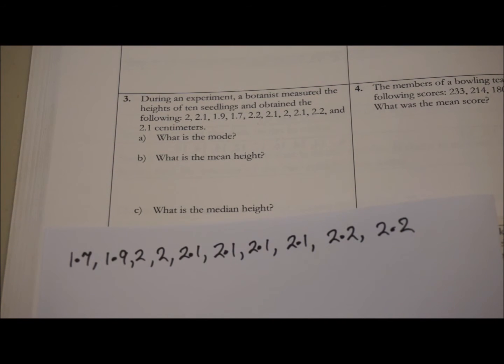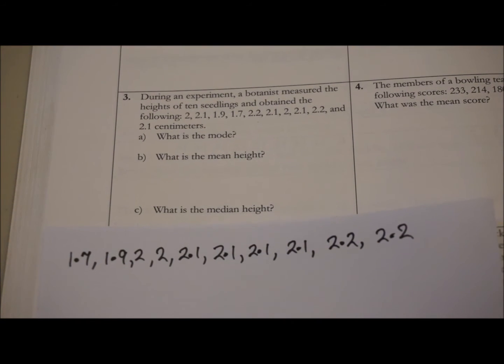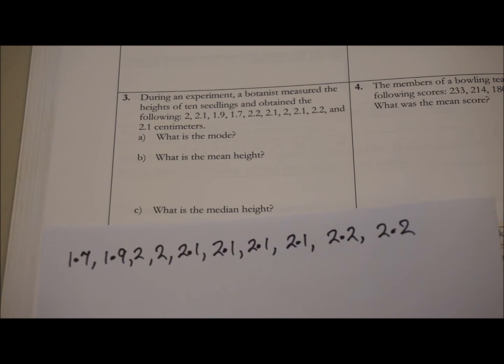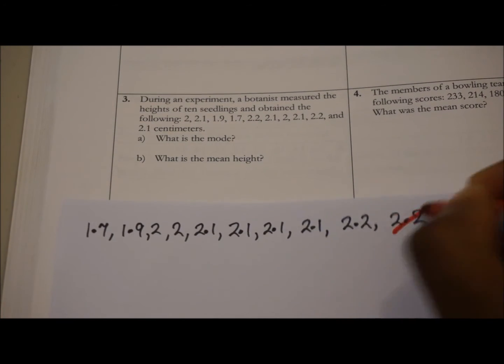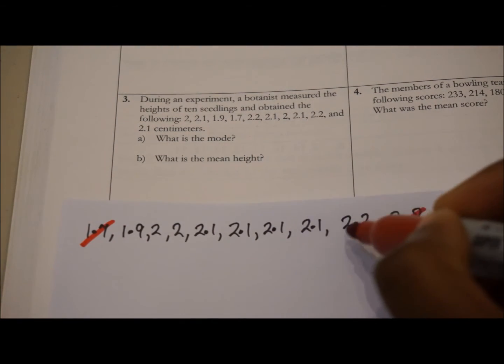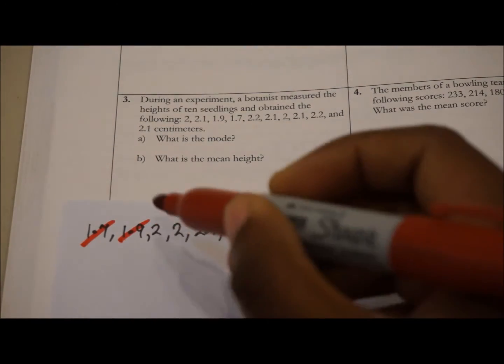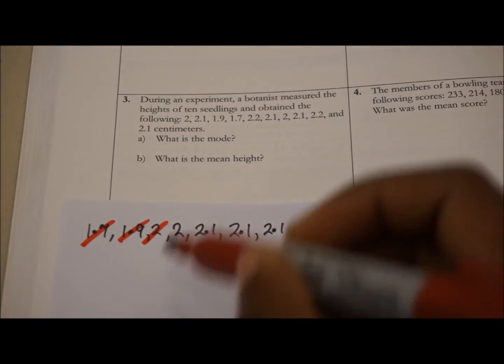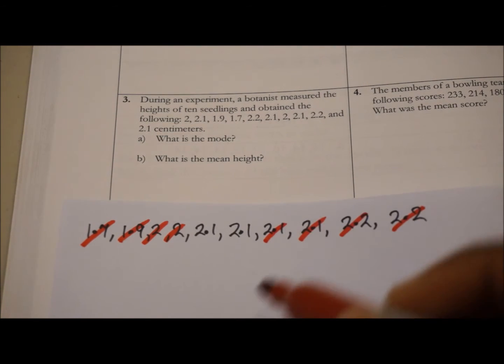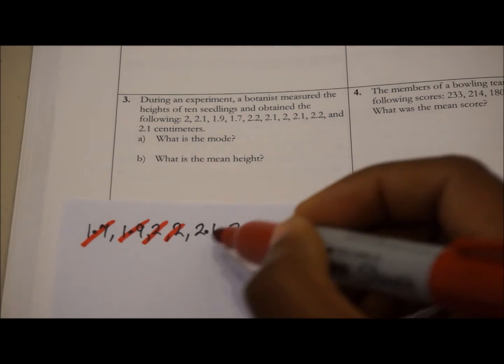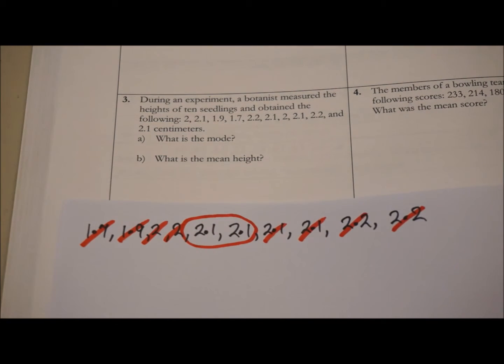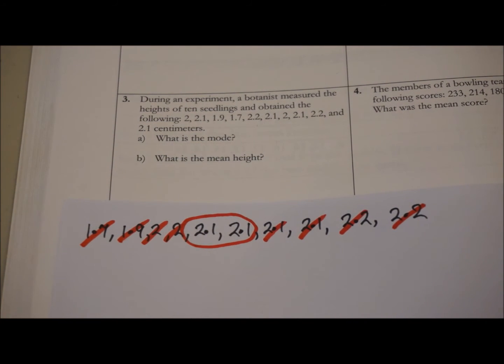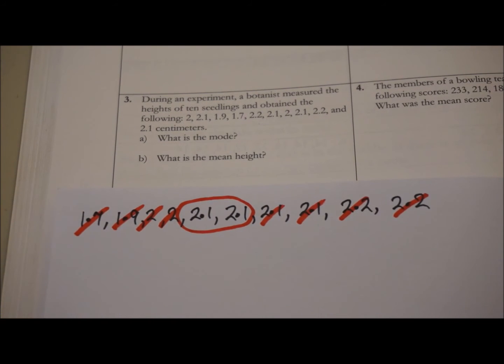So we're okay. Now remember from our previous lessons that if we are looking for the middle value and we have an even set of data items, there are going to be two numbers in the middle. Let's check through to find out which numbers are in the middle. Cross out one on this end with one on this end. Another one here with another one here. Another one here with another one here. Another number here with another number here. So notice we have these two data items in the middle, which makes my problem extremely easy.